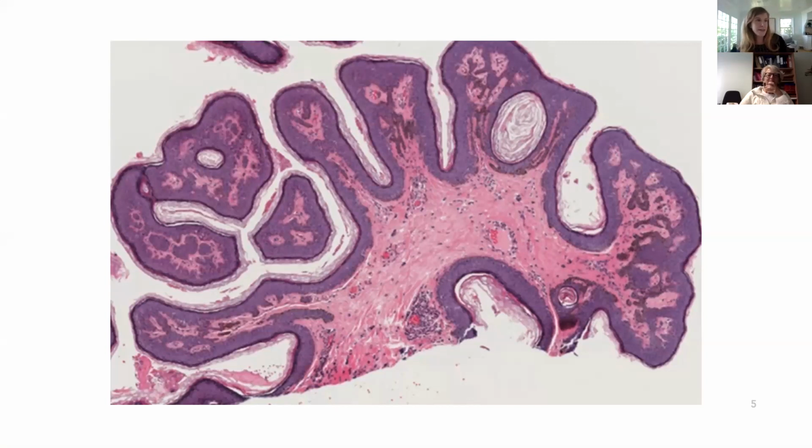And here you can see what we received in the eye pathology lab. So what you can see is skin, and you can tell it's skin because it's covered by keratinizing stratified squamous epithelium. You can see it has a polypoid shape. So we've got like a stalk here, and then we've got this kind of more cauliflowery looking configuration to it.